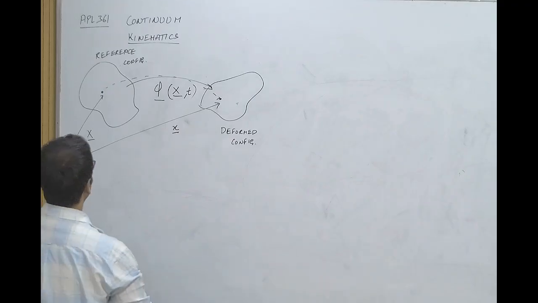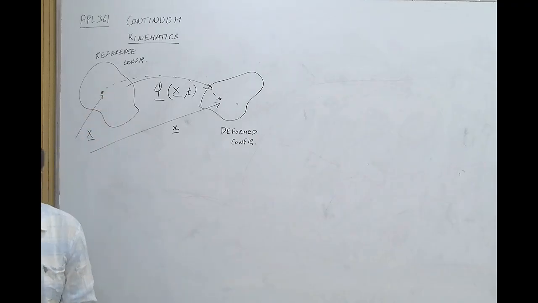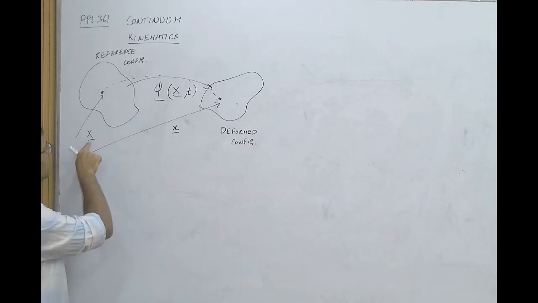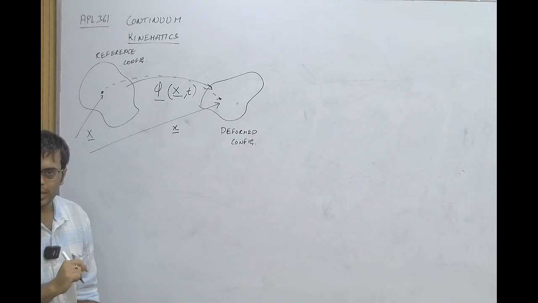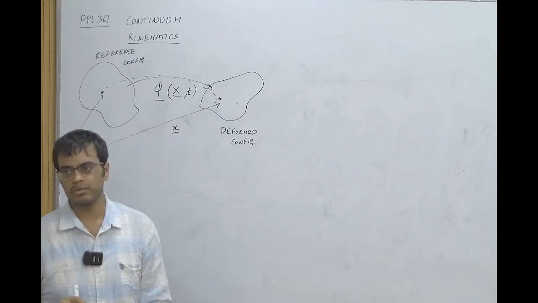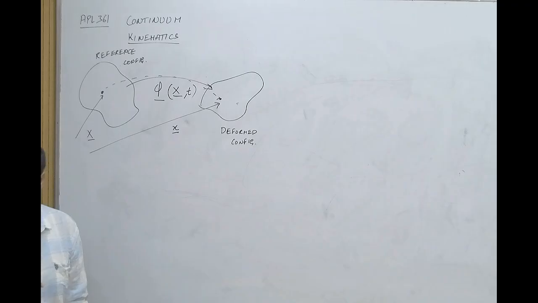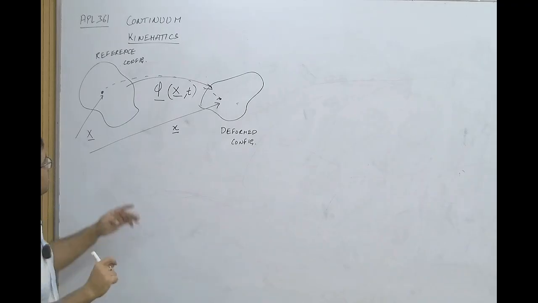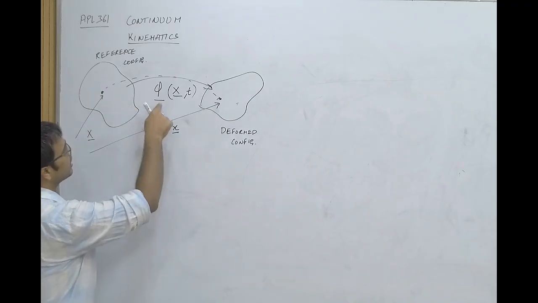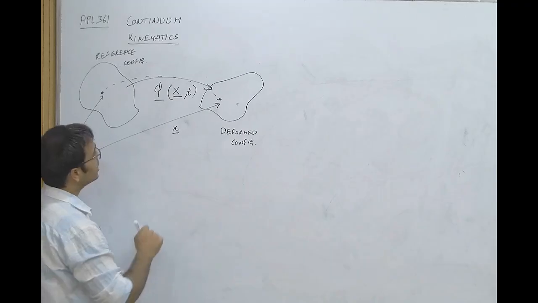In the reference configuration, you have a material particle denoted by capital X. You track that material particle and see its spatial location at time t, let us say small x. The mapping which maps capital X to small x is given by this vector, which is called the deformation map.